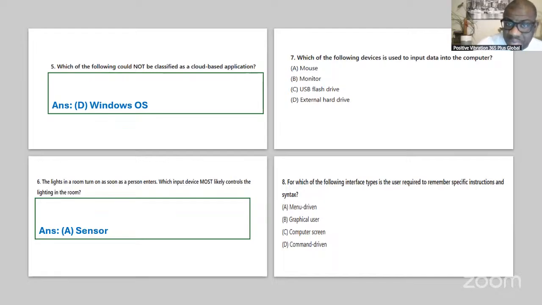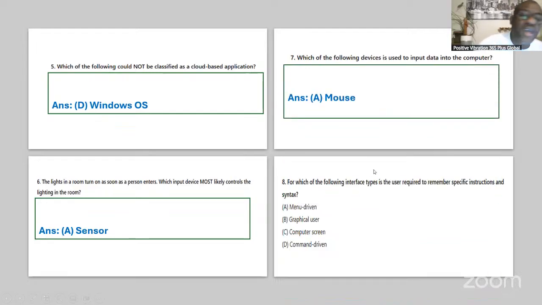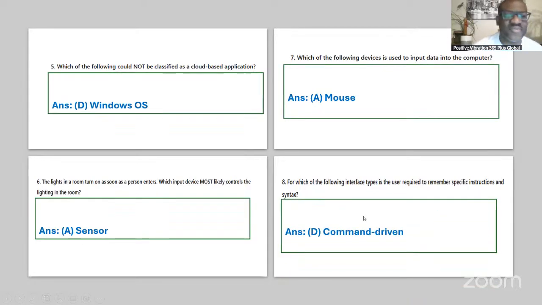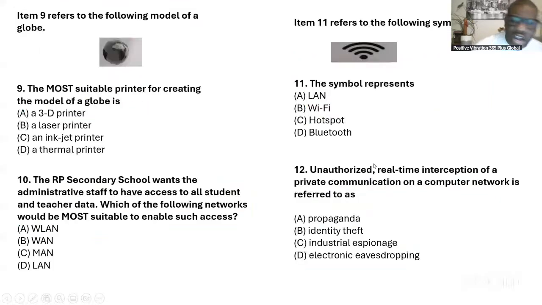It cannot be monitor, it cannot be USB, and it cannot be external hard drive. So it must be a mouse. For which of the following interface types is the user required to remember specific instructions and syntax? When you don't know, say command line, command driven. One more. Let's go.